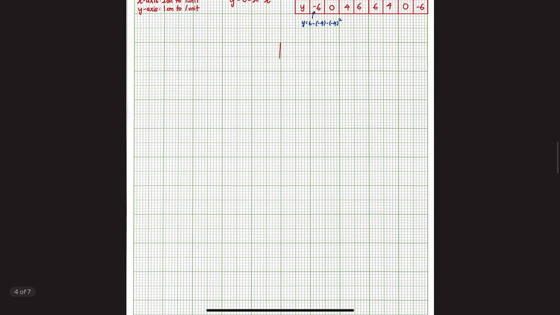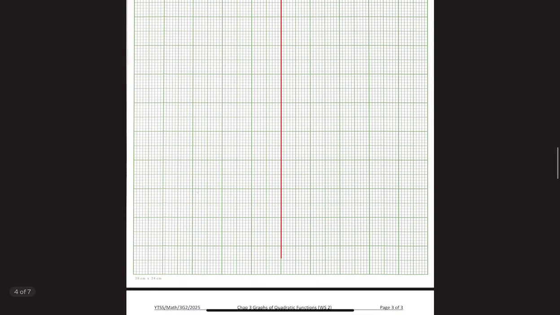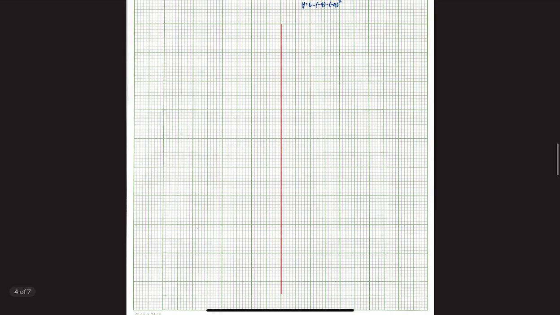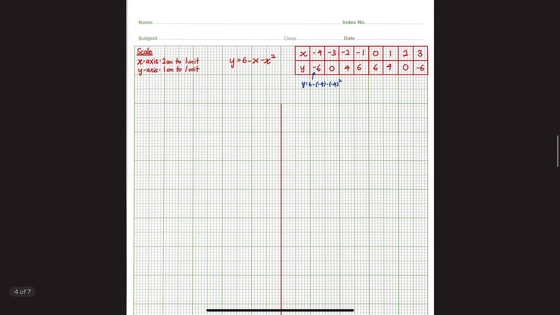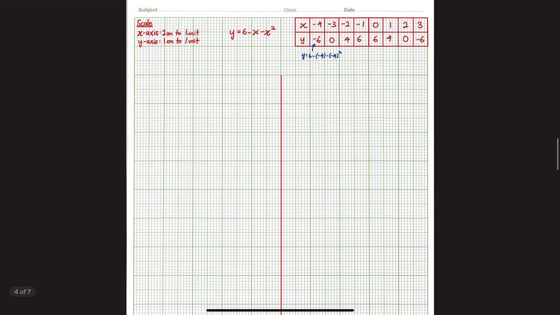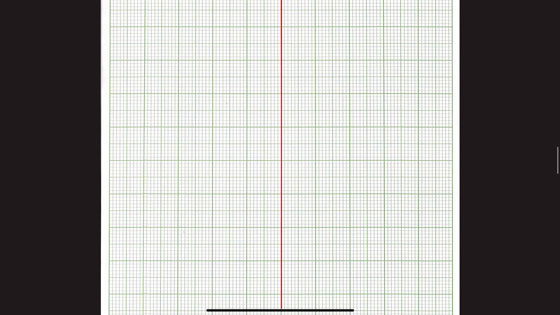Let's say I draw my y-axis somewhere over here. This is my y-axis. Then my x-axis, maybe I'll draw over here.